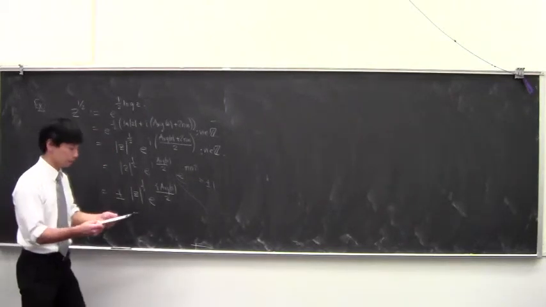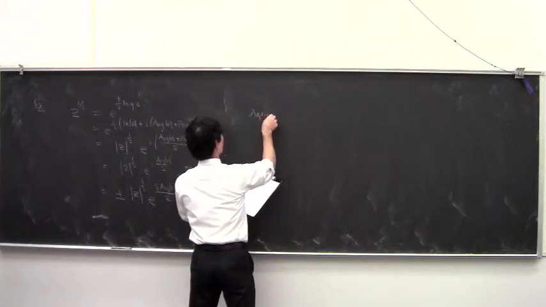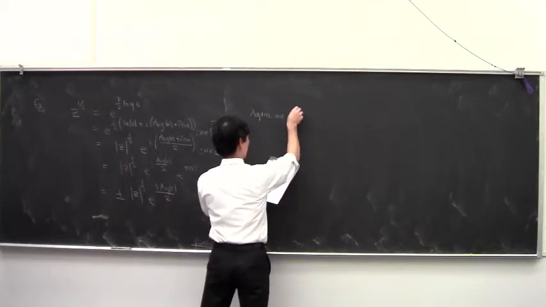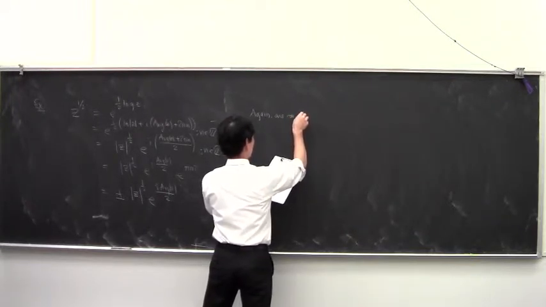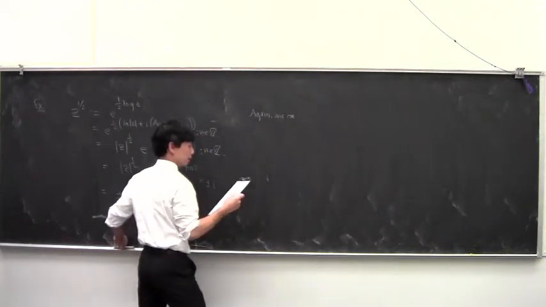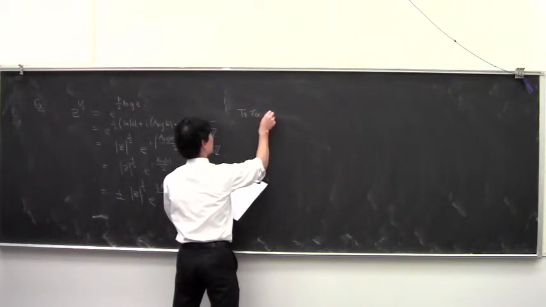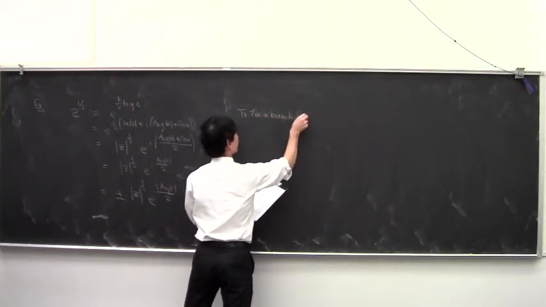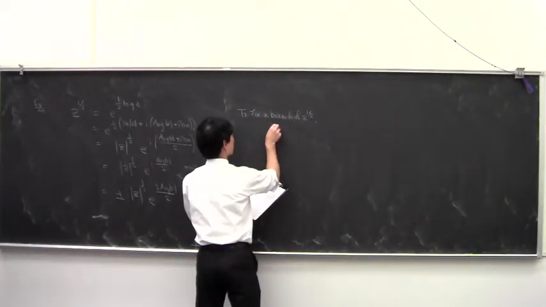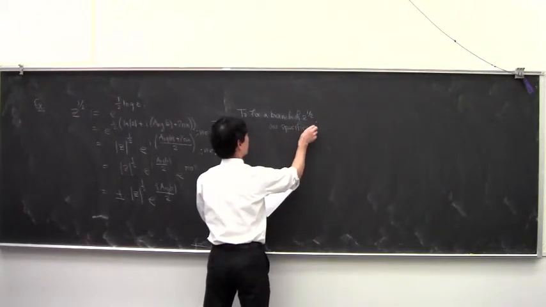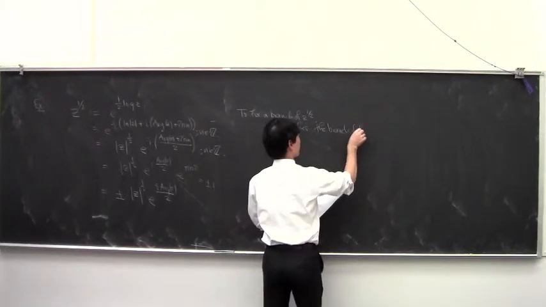So again, let me say it like this: to fix a branch of the square root function, one specifies the branch of the logarithm.